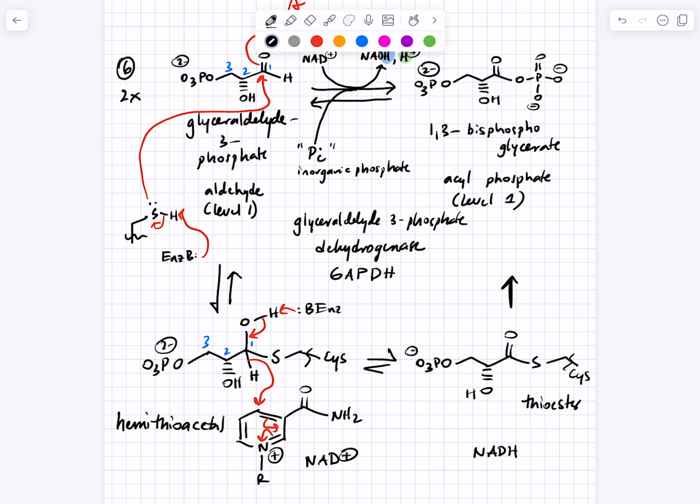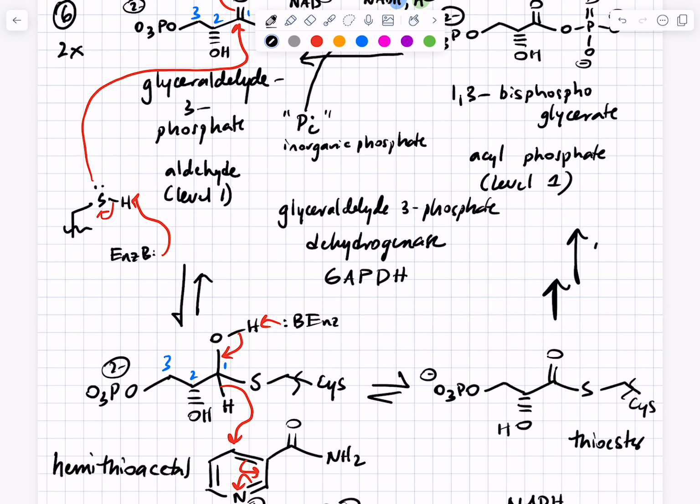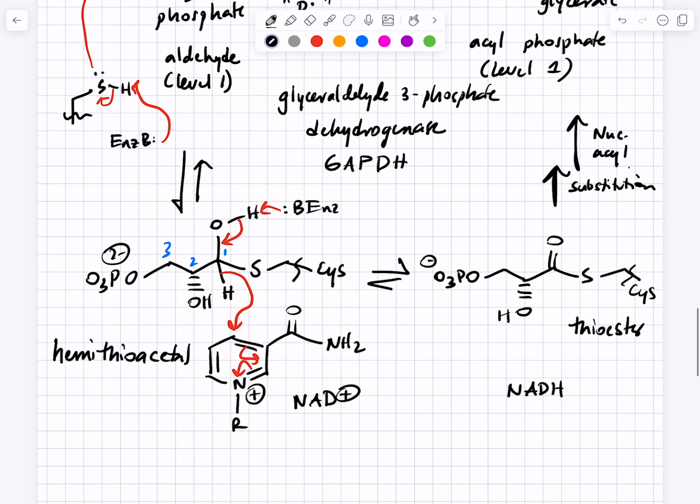to the acyl phosphate. All we need is a nucleophilic acyl substitution reaction. And I'll draw you the first step of that, except I can't write substitution. And then I'll let you fill in the details from there.